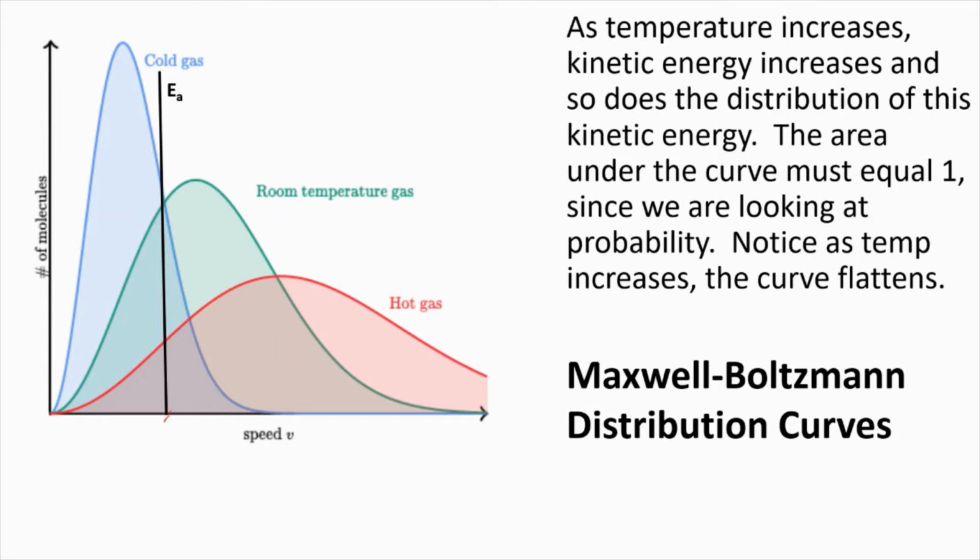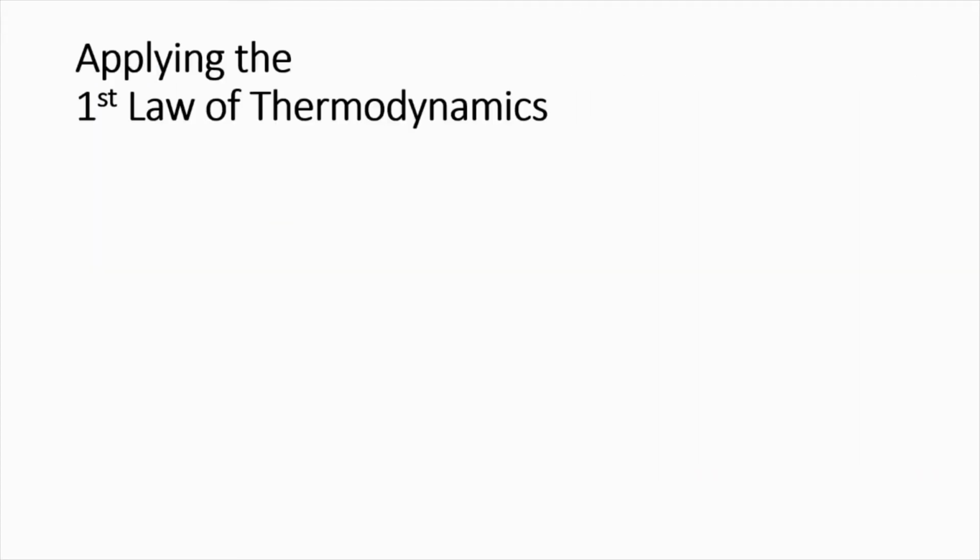If this line right here is my activation energy, the energy needed to get a reaction started, at a high temperature, I have more particles that are above that activation energy than I do below it. And if we were to look at it in terms of a cold gas, I don't have as many particles above that activation energy. So kinetic energy is directly related to the temperature.